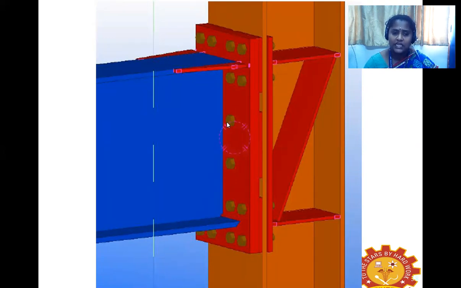It is costlier than a reinforced concrete structure. And second, temperature: steel conducts heat. So in that case also we have certain disadvantages in steel structures compared to reinforced concrete structures.